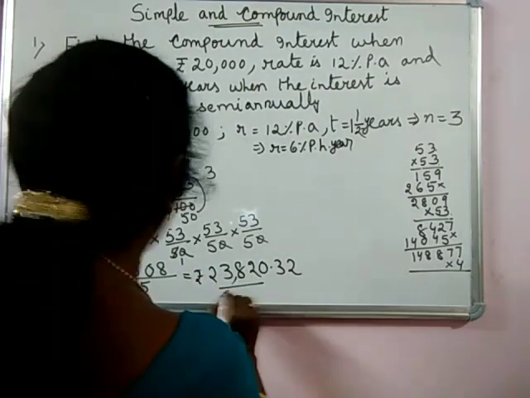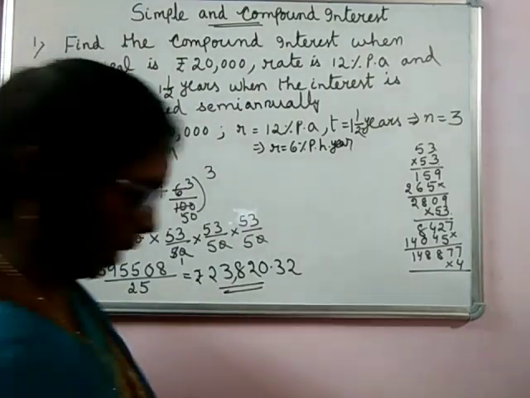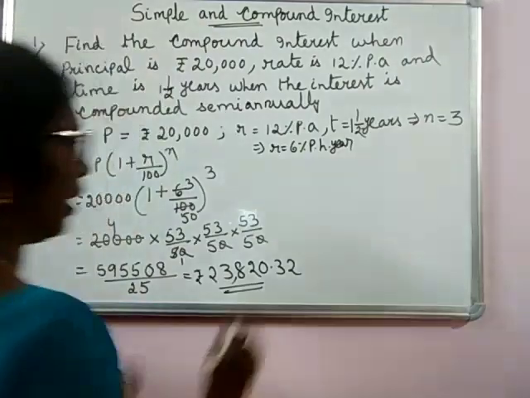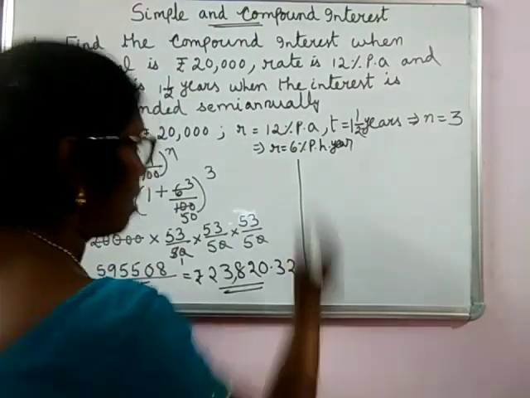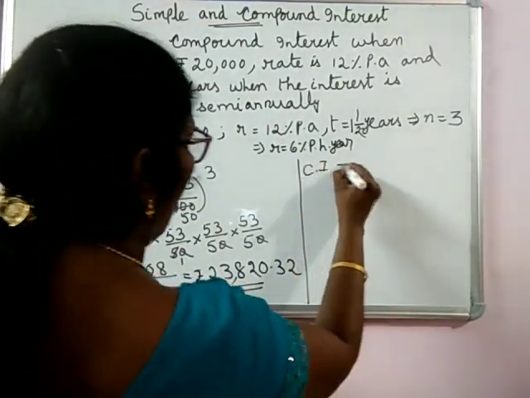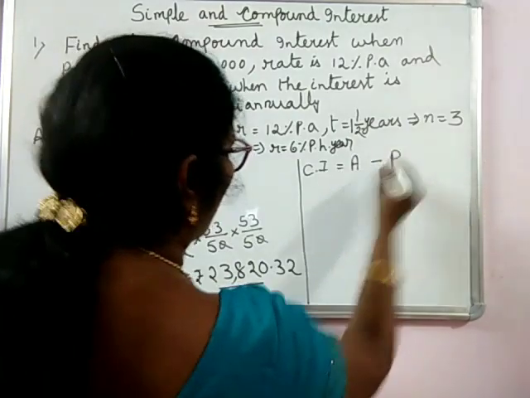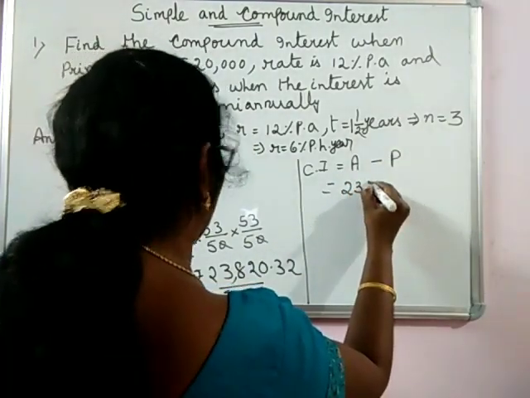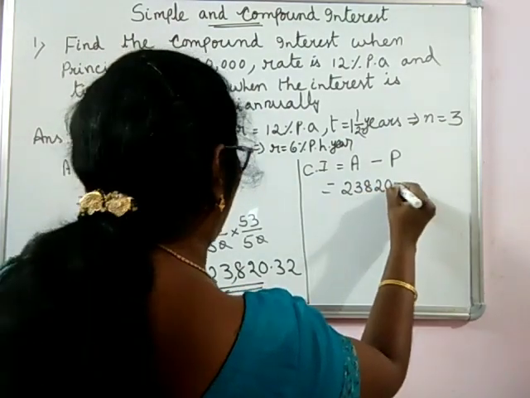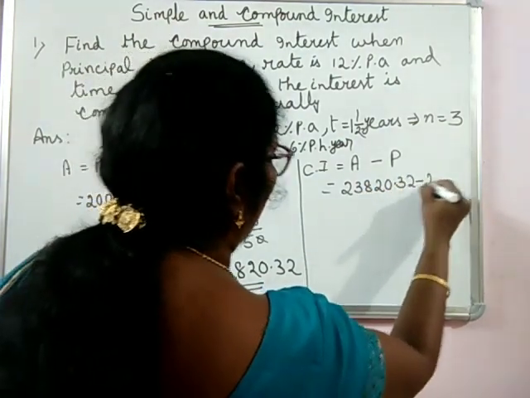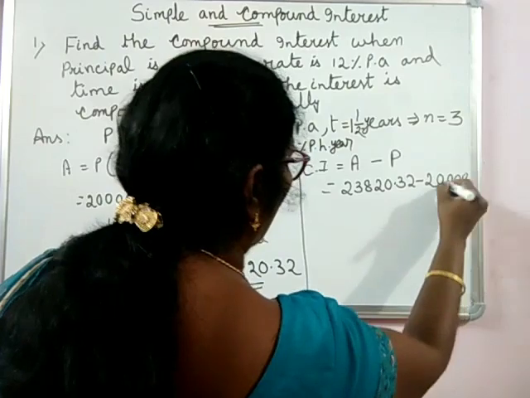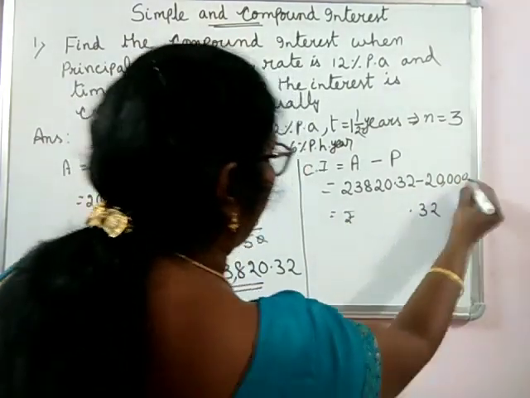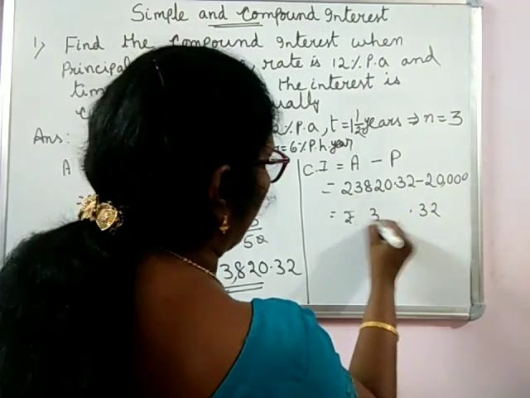So 23,820.32 is the amount, if the interest is compounded half yearly. Now let us find the compound interest. Compound interest is amount minus principal. Amount is 23,820.32 minus 20,000. You will get, anyway this 0.32 you will get, 20,000 is the 3,820.